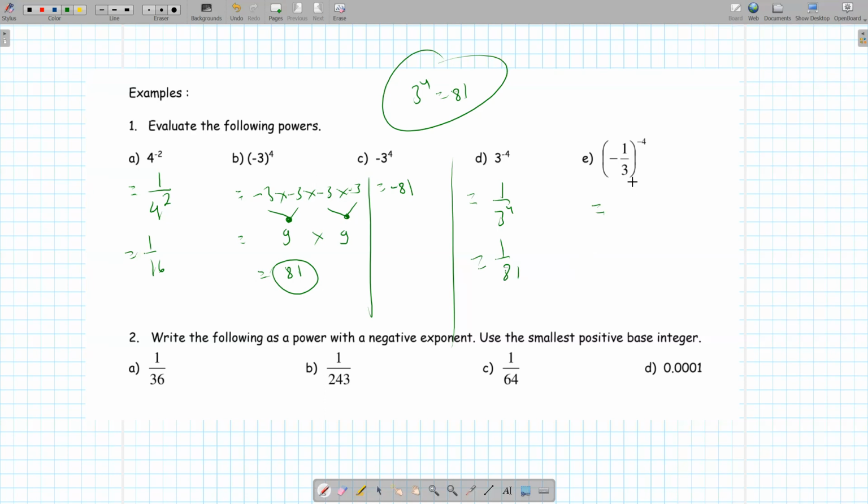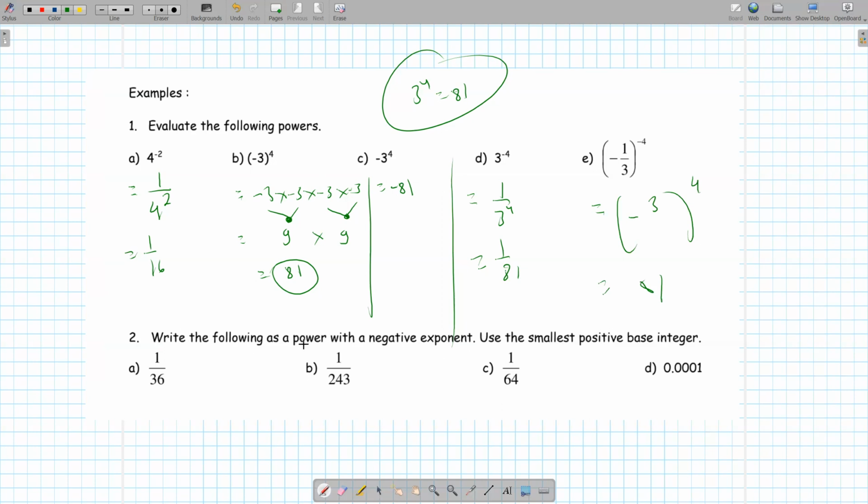You could, but you could also flip it, right? You could flip this, and then that exponent will be positive. Remember that rule? And then you have a -3/1, that's just -3. You can ignore the 1. What's -3 to the power of 4 in a bracket? Positive 81. Which is the same thing as B.